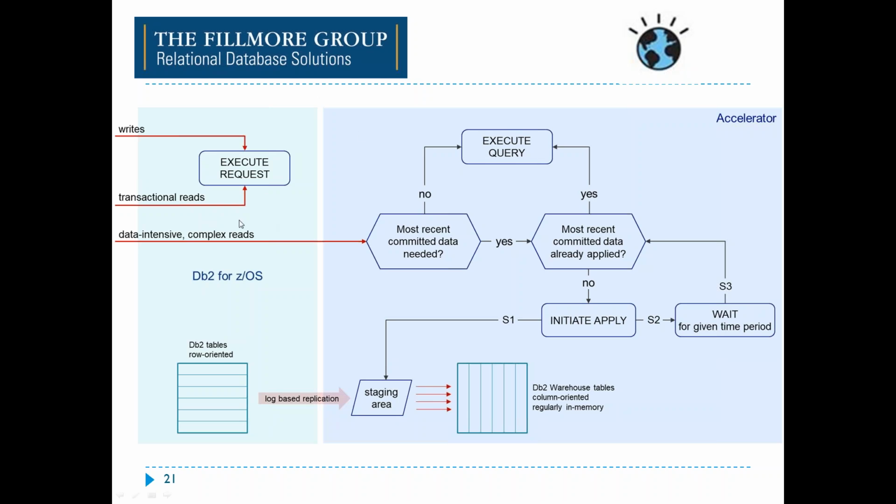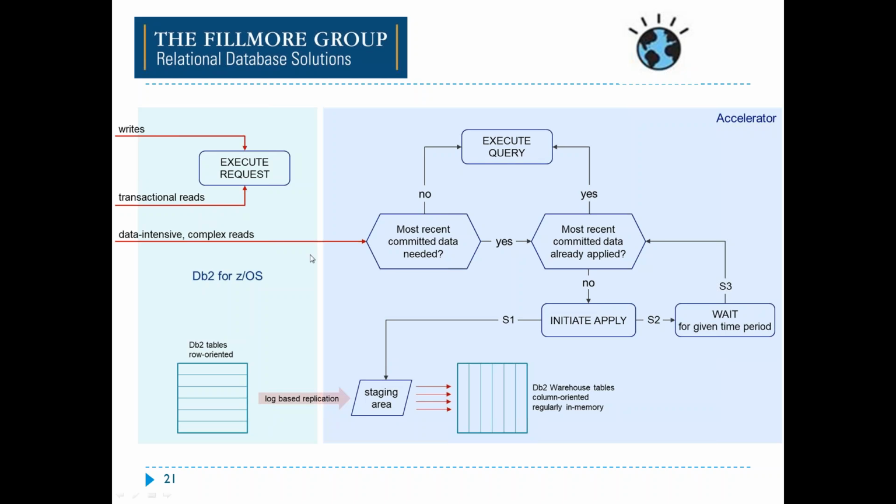So the way that this works is, from a conceptual standpoint, I can issue a request, a data-intensive complex read. I want to do some type of in-transaction analytics to say, is this transaction that I'm processing right now fraudulent, based on a variety of different machine learning, data science, artificial intelligence capabilities.